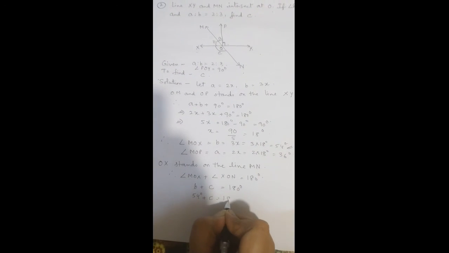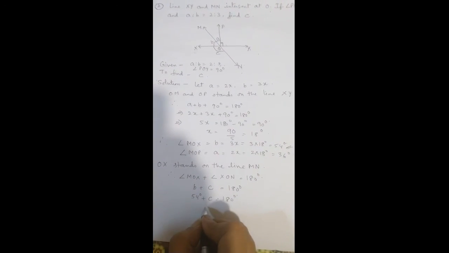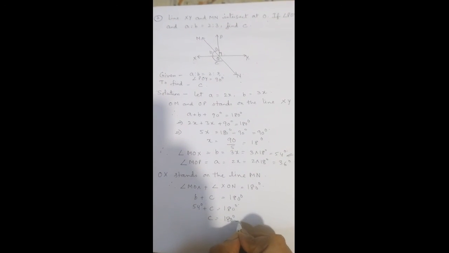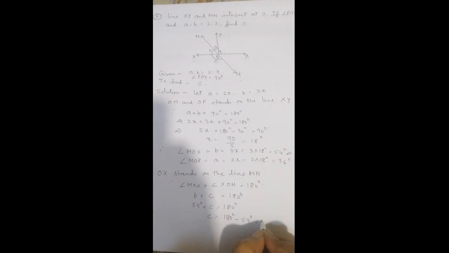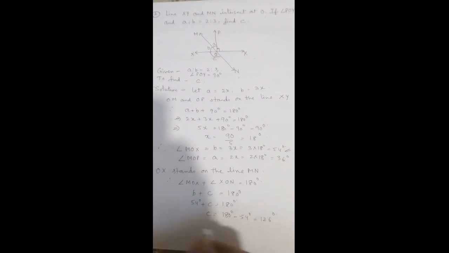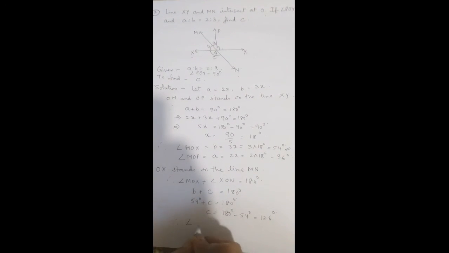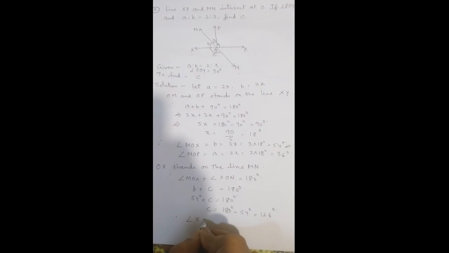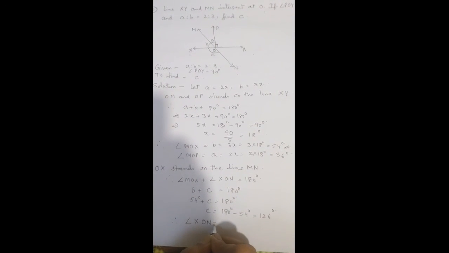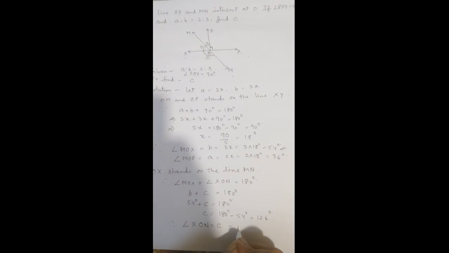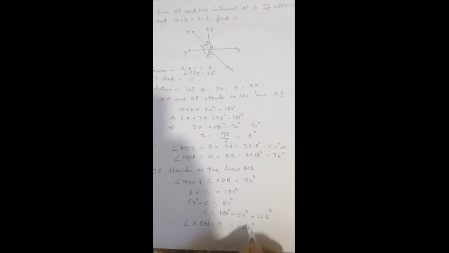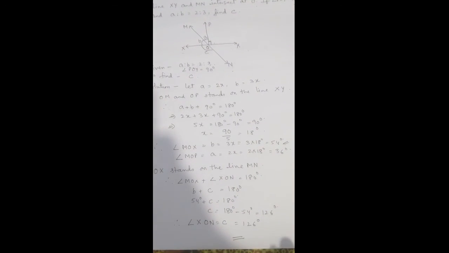Angle B we have calculated as 54. So C equals 180 degree minus 54 degree, that is 126 degree. Therefore, angle XON, that is C, equals 126 degree. This is completed.